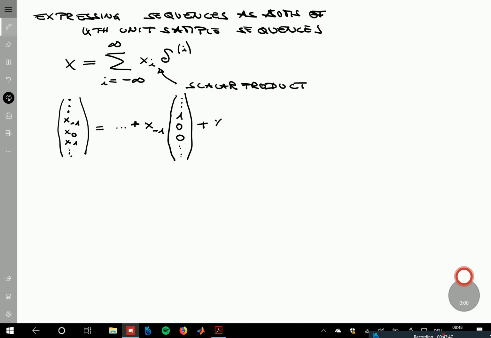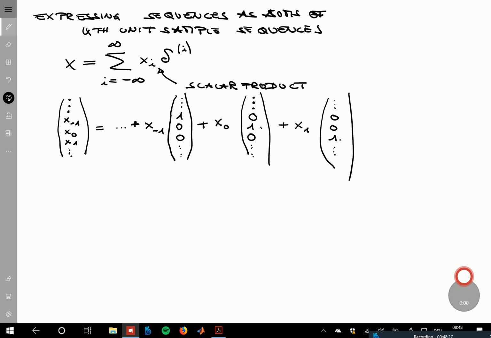Then we have our x0, again a scalar product with the 0th order unit sample sequence. So we have a 0 here, a 1 here, and a 0 here. And then we have another sequence here, which is a 0 for -1, a 0 for 0, and 1 for 1, because we have the delta with a superscript 1. And then we can essentially multiply them. So then we get x -1 here, x0 here, and x1 here.